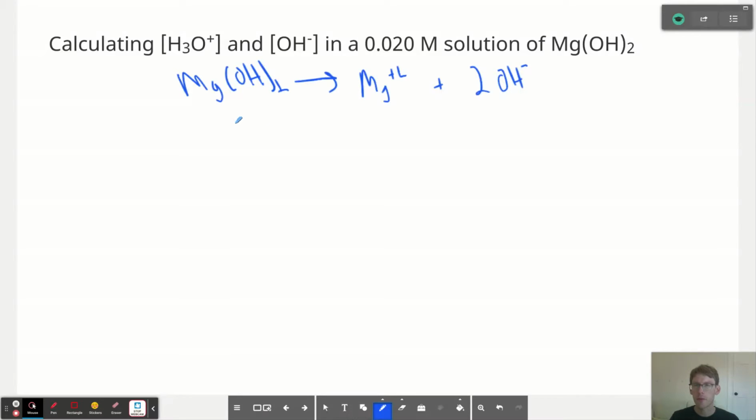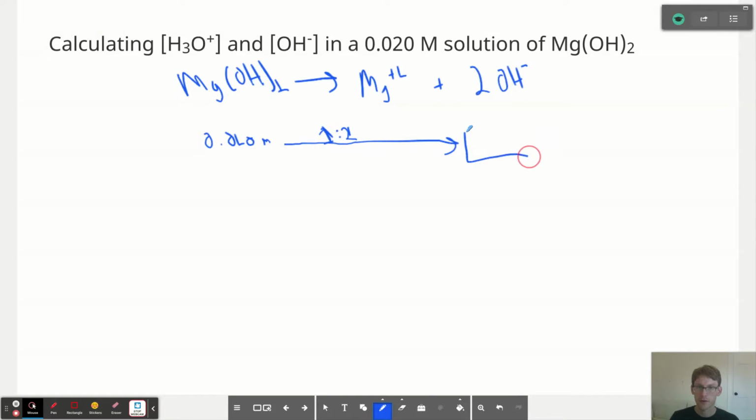We can look at it like we start with 0.020 moles per liter, and we have a 1 to 2 ratio here, where there are 2 hydroxides for every 1 magnesium hydroxide.